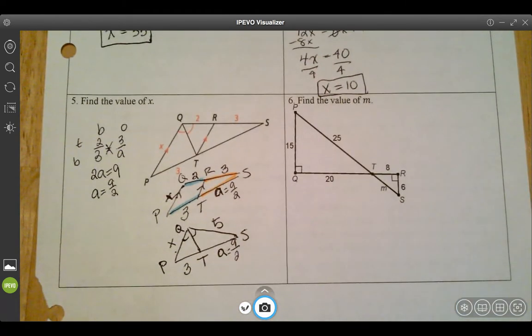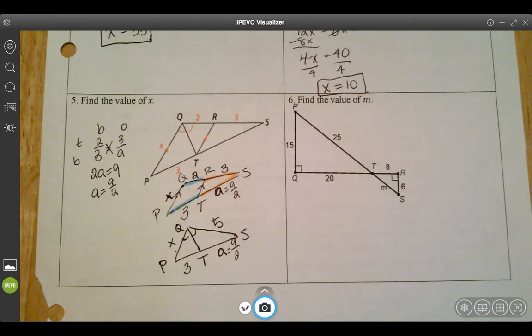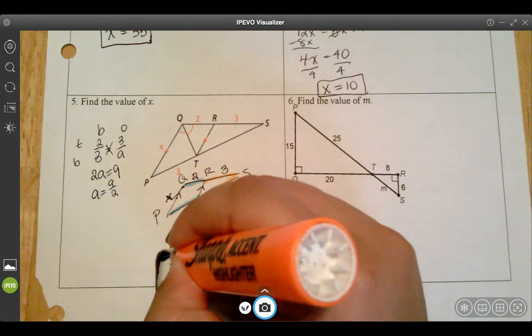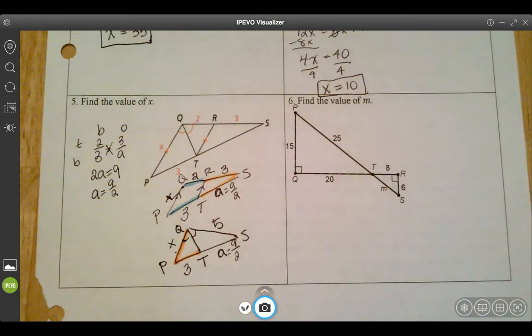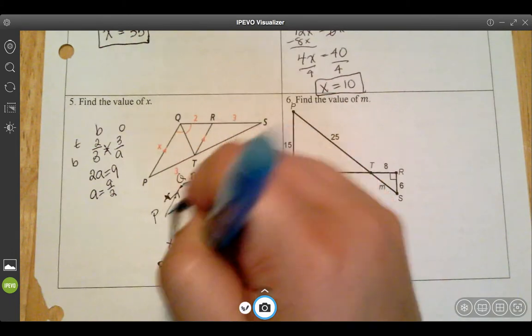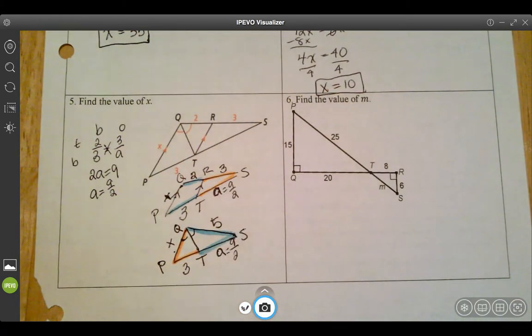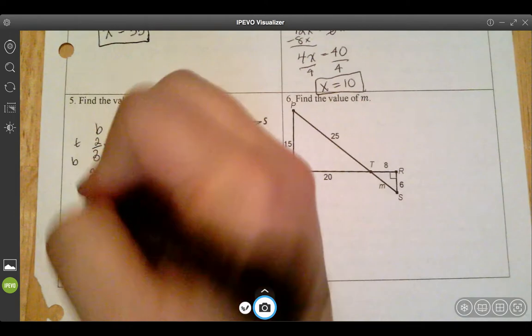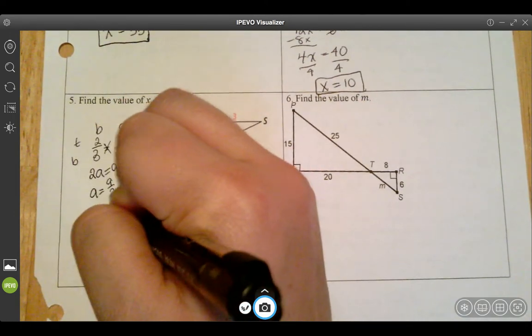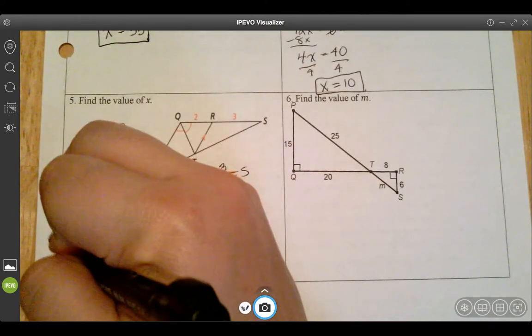Okay, and now I have enough information to use the angle bisector. And I'll do orange and blue, leg and base.